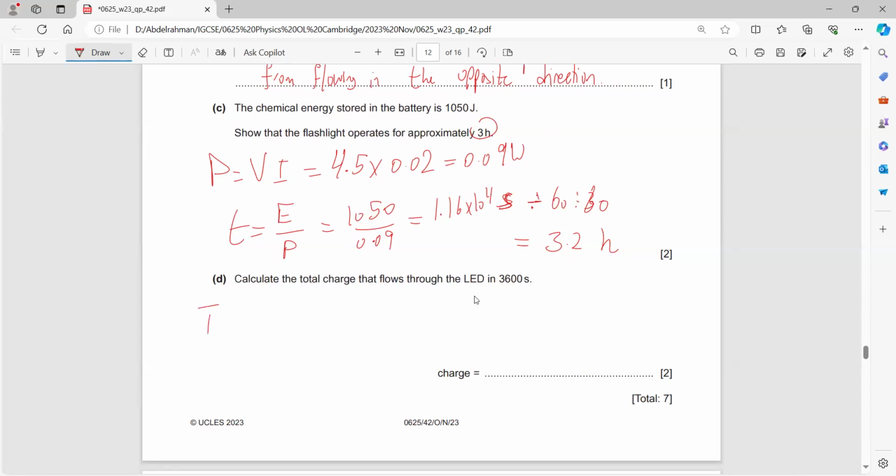Can't you use I equals Q over T? So basically Q equals IT. Current is 0.02 times the time 3,600, which is 72.